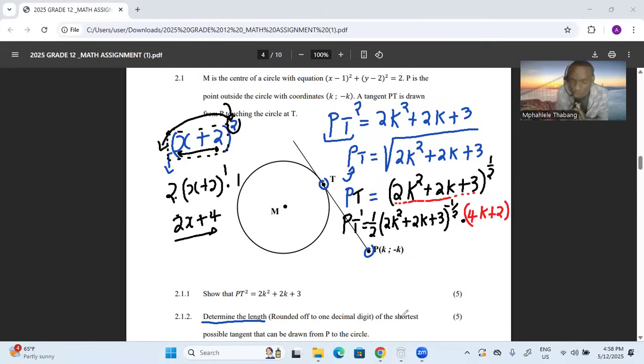Now, for PT to be at its shortest distance, the derivative has to be 0. So I'm going to put PT prime equal to 0. I'm going to say 0 equals half into 2k squared plus 2k plus 3 to the exponent negative 1 over 2 times 4k plus 2.